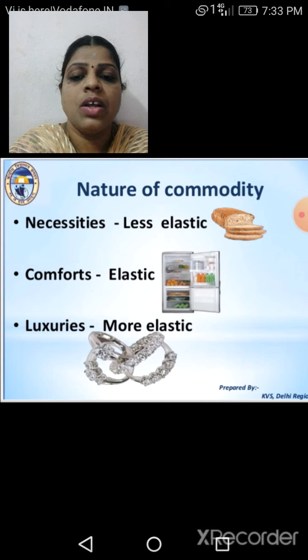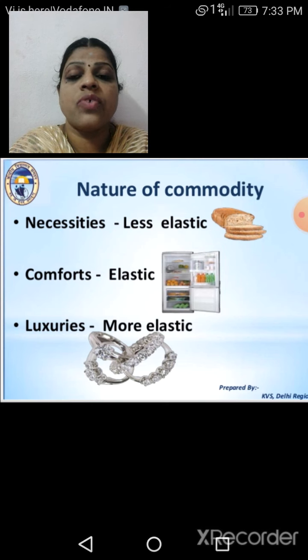That is, whatever be the price, the responsiveness of the demand is less. Why? Because for our survival, for our sustenance, we have to purchase such necessary commodities. So the elasticity is very less related to the necessities.